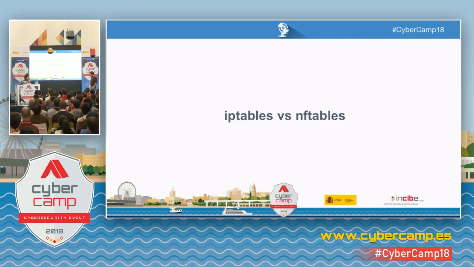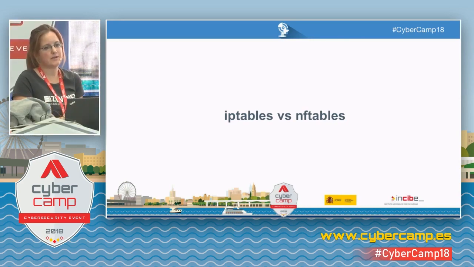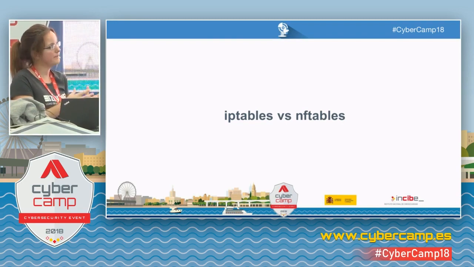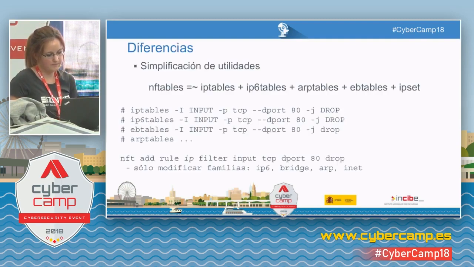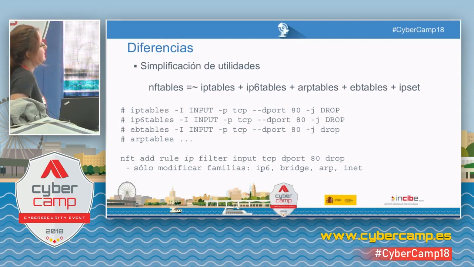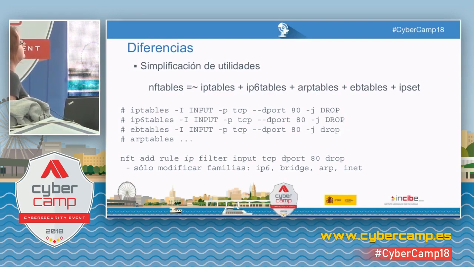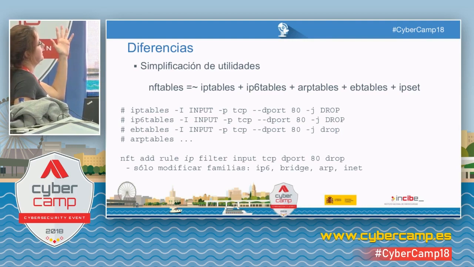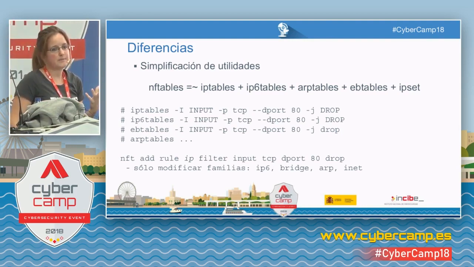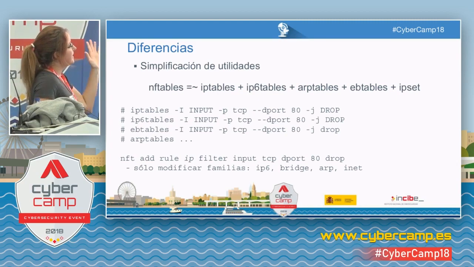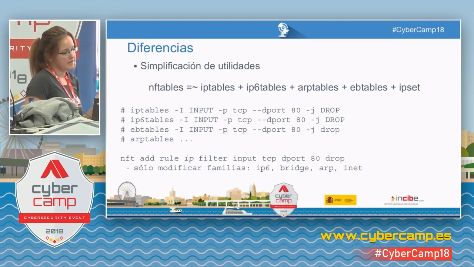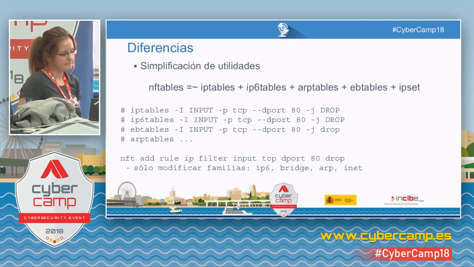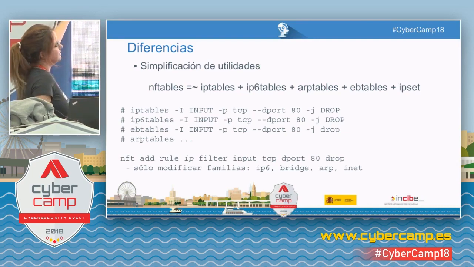So let's see now the difference between IP tables and NF tables. If you have used IP tables in the past, you probably know how it has quite a lot of limitations, mostly in the most complex environments. Let's have a look at the most obvious one. NF tables is just one single component for user space that replaces IP tables, IP6 tables, ARP tables, EB tables, and IP set.